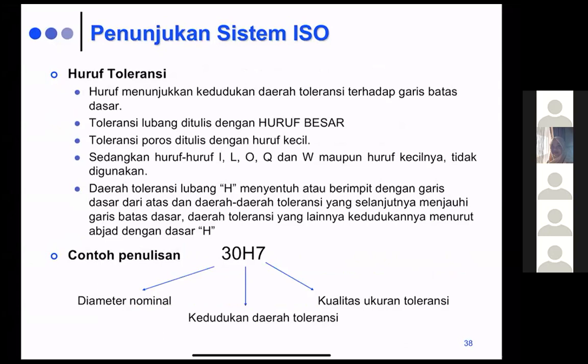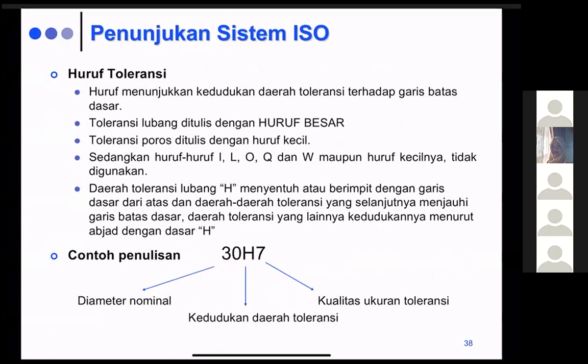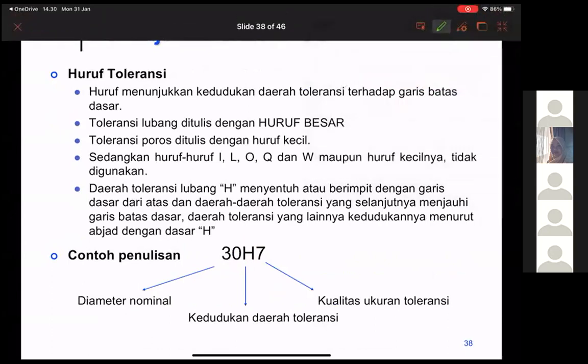So for example, this one. Okay, so here is 30H7. So this 30 tells you the nominal. The nominal is 30 millimeters.